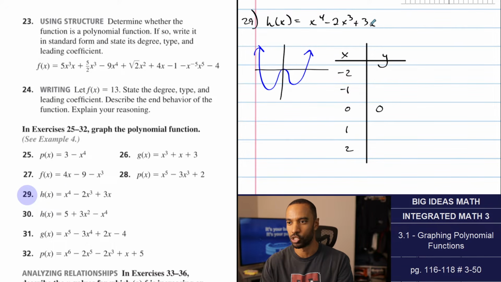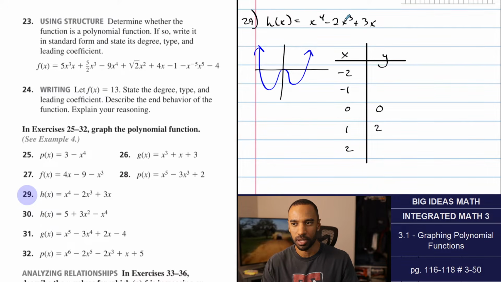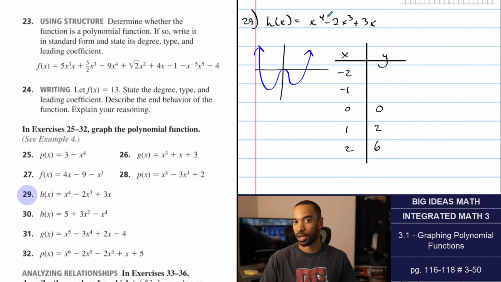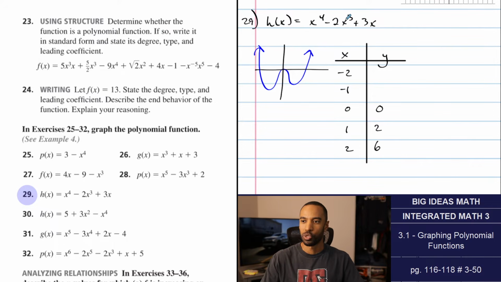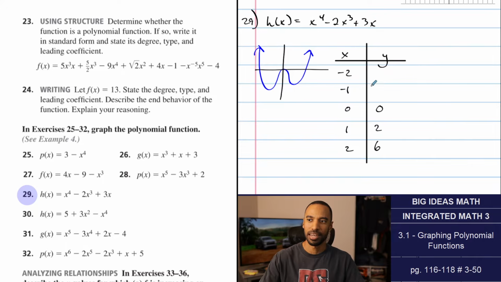1, we get 1 minus 2 plus 3. Just plug in 2, you get 16 minus 16, because 2 cubed is 8, times negative 2 is negative 16. 16 minus 16 is 0, plus 6. Negative 1 to the fourth is 1. Then minus 2 times negative 1 is plus 2, so 1 plus 2 is 3. Minus 3 is 0.